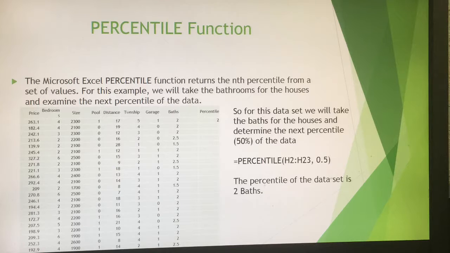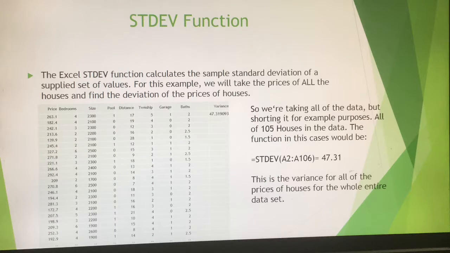Open up the parentheses, type in H2, that's where we have the bathrooms, and then hit your semicolon, and put H23 because that's where we want to stop the data. And hit comma. Now we want to take the 50% of the data that we have here, so we're going to type in 0.5 for percent. We close our parentheses, and then it will give us 2. So the percentile of the data set is 2.